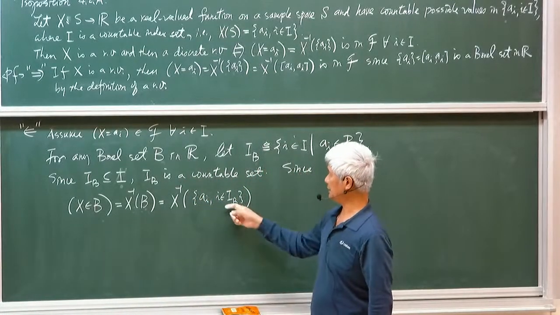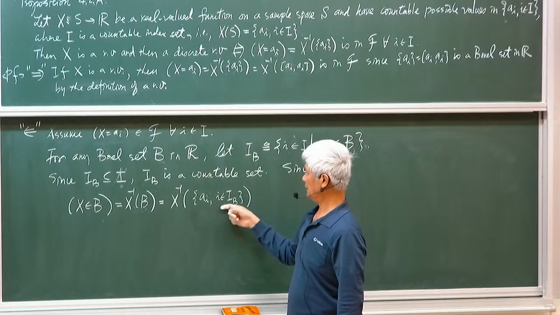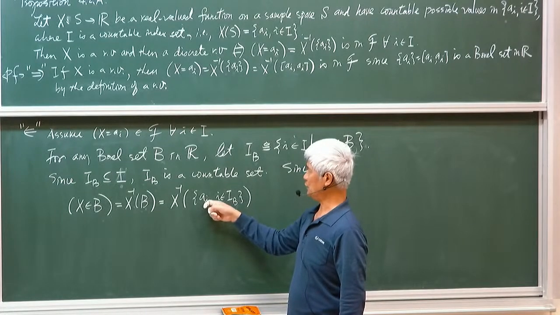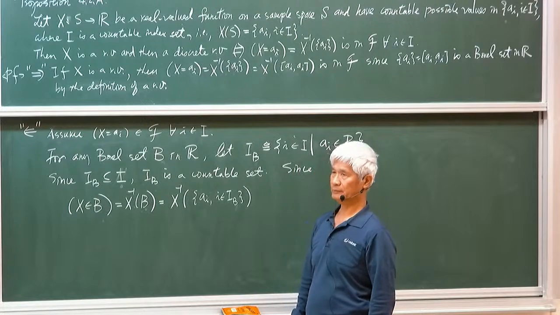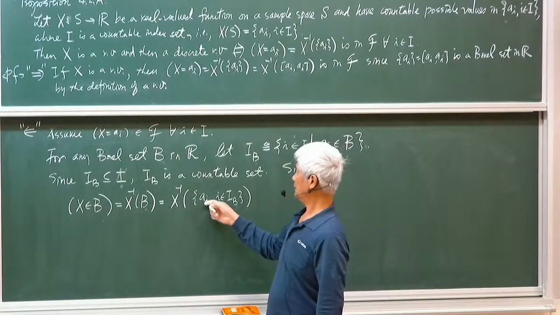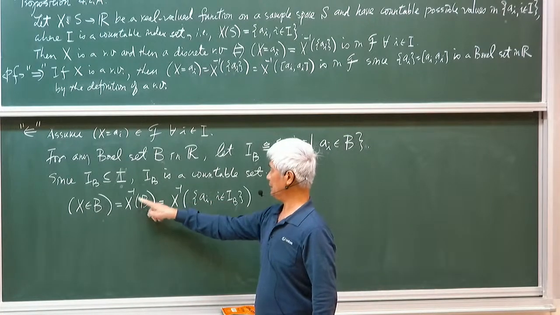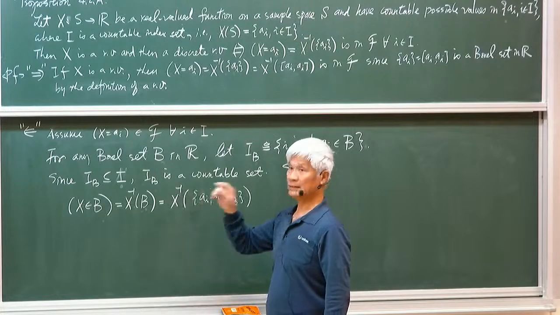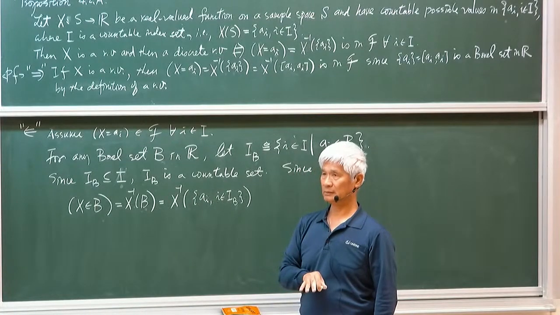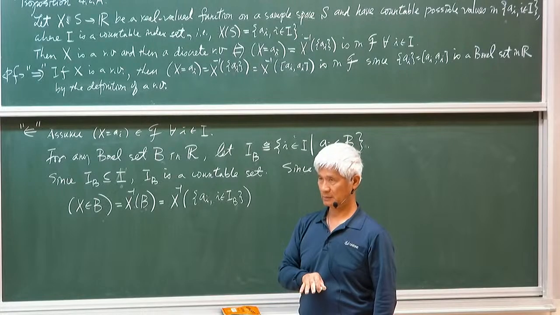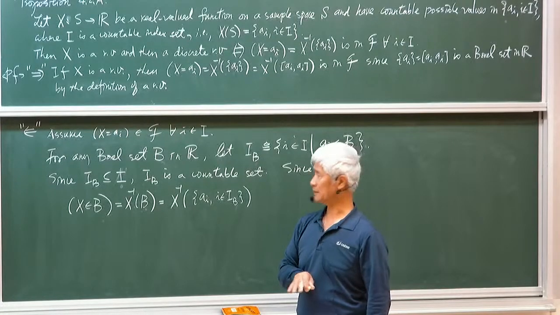So we just consider all possible values a_i which are in the Borel set B, and B and this set have the same inverse image.